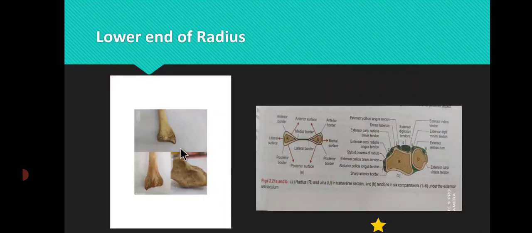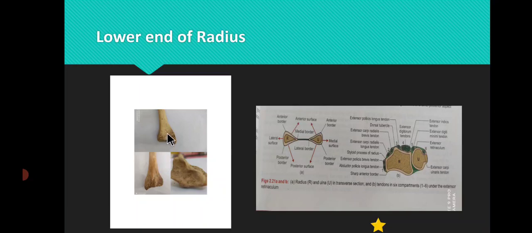Coming towards the lower end of radius, it is expanded and the widest of this bone. Again it has five surfaces: anterior surface, medial surface, lateral surface, posterior, and the inferior surface.